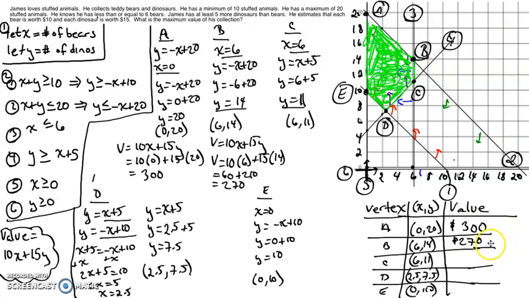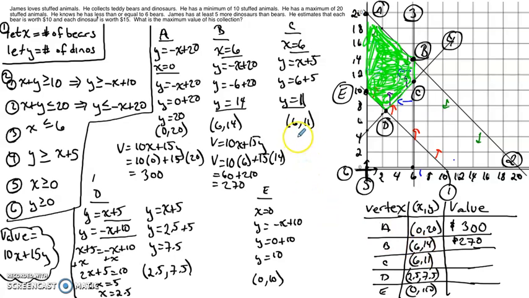So right now, if we just compare these two, A gives him a better value than B. That is, he'd rather have 0 bears and 20 dinosaurs than 6 bears and 14 dinosaurs if he's looking to maximize the value of his collection.